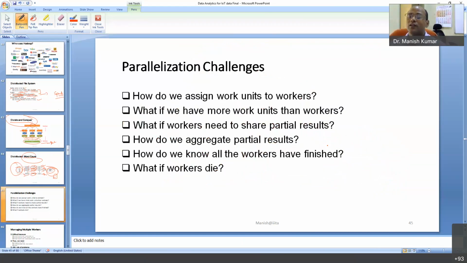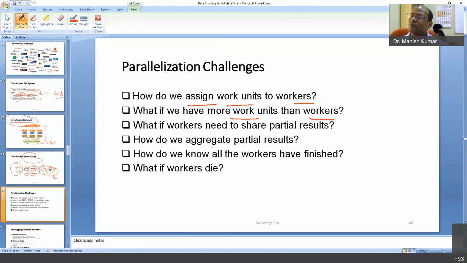Okay. What are the challenges involved in parallelization? As you have seen, the Hadoop framework can distribute data over the nodes, and each node can process the data locally. The challenges are: how do we assign work units to the workers? What if we have more work units than workers?